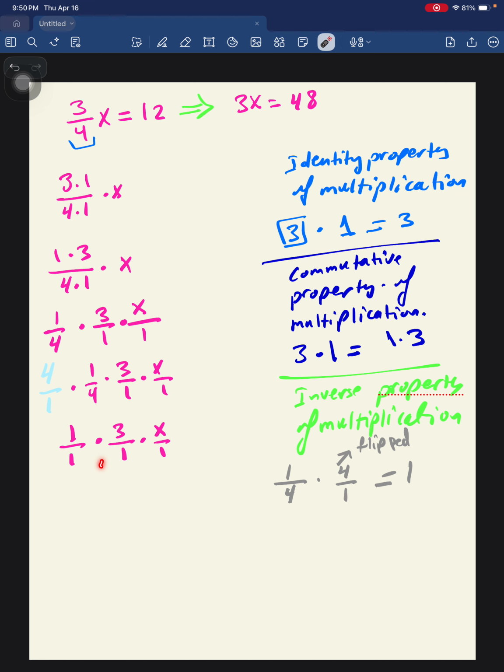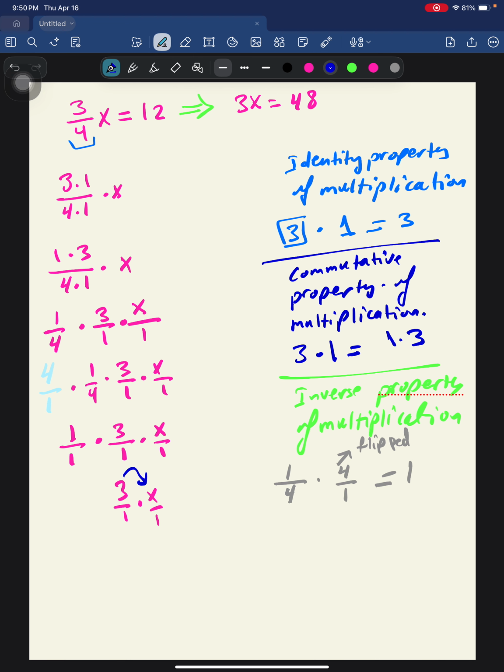As you can see, we can multiply this whole side, which is 3 over 1 multiplied by x over 1, by 1. So you will get 3 over 1 multiplied by x over 1. Now we can use the fraction as follows: 3 we multiply by x, and 1 we multiply by 1.